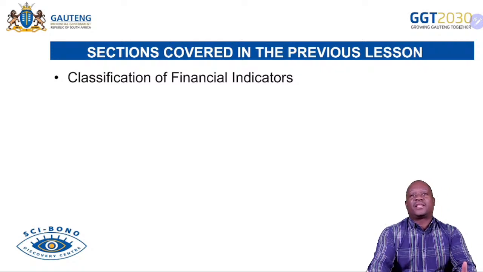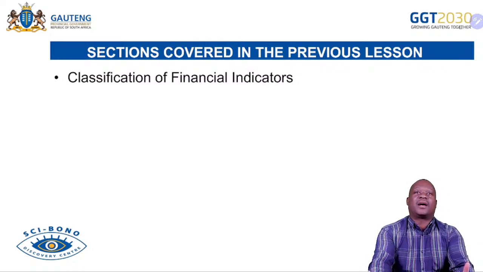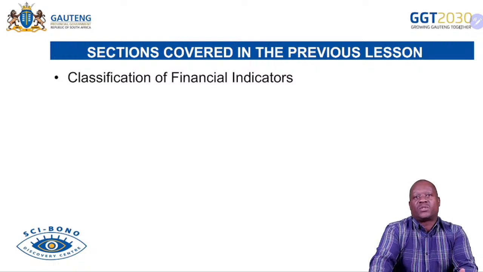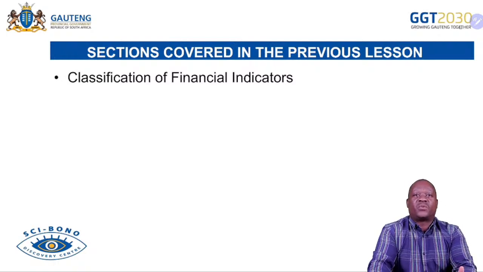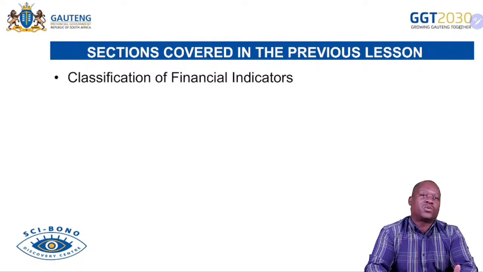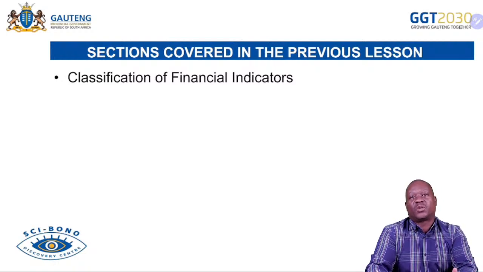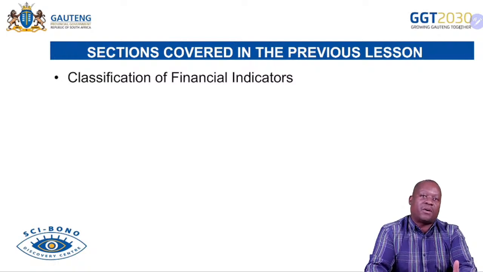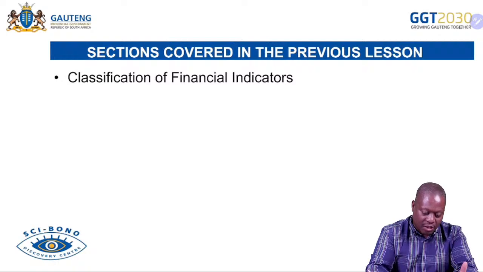In the previous lesson, the first thing that we did was classifying our financial indicators. And you still remember the classes that we took our financial indicators into. We had our liquidity ratios, our profitability ratios, our return ratios, and then we also had our solvency ratios. So that's what we looked into, the classes in which our financial indicators fall into.